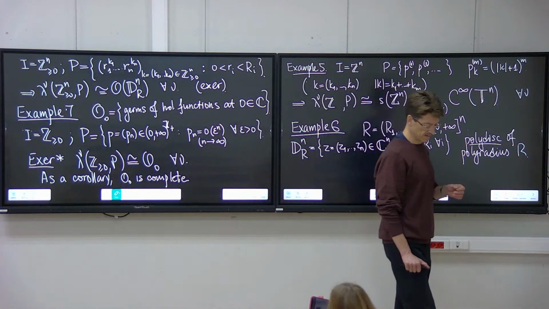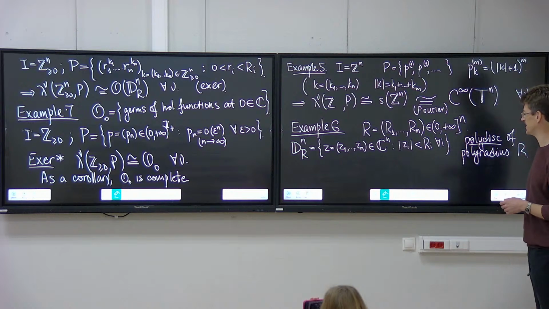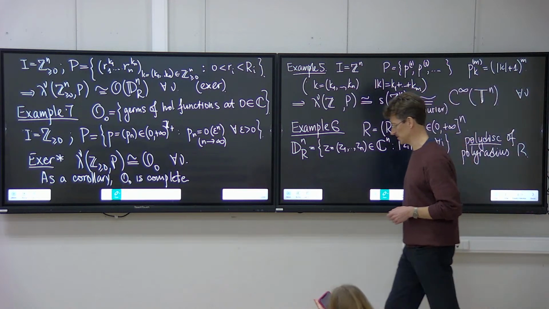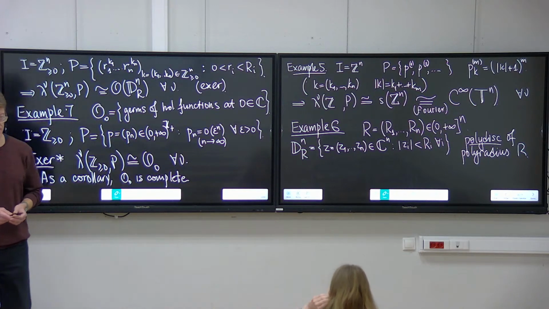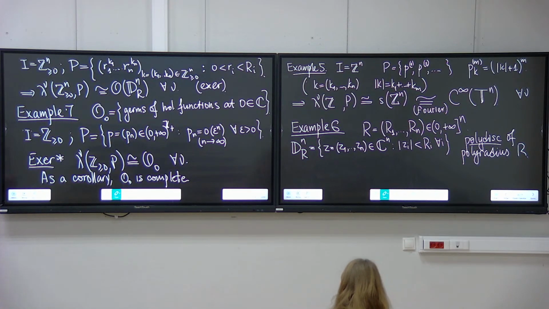Okay, so that's all for today. We had no time to describe the projective tensor product of Köthe spaces, but we will see at the next lecture that the projective tensor product of two Köthe spaces of the form lambda 1 is again a Köthe space of type lambda 1.